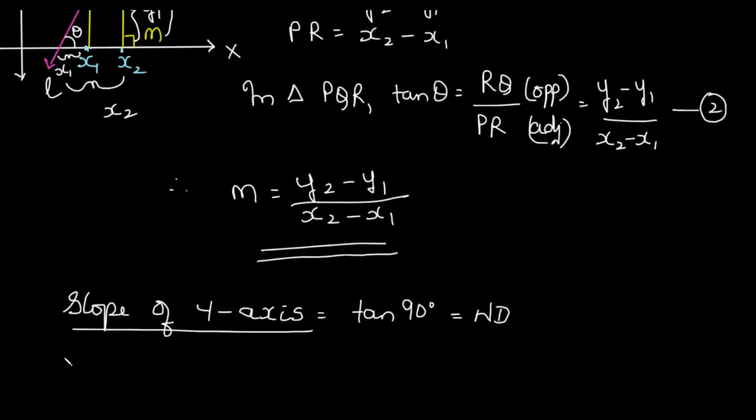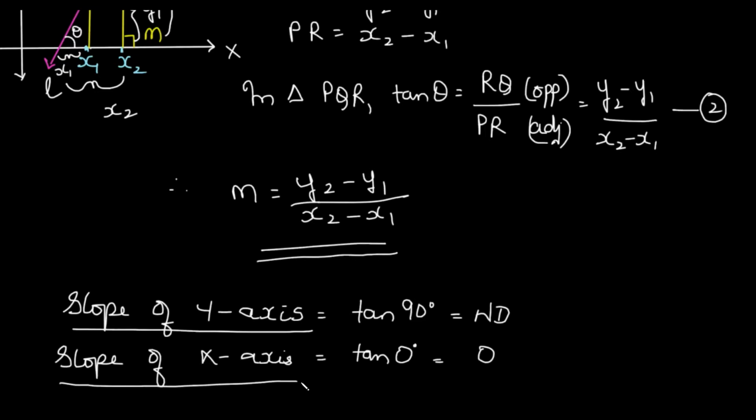In the same way, what is the slope of the x-axis? The x-axis has an inclination of 0, so its slope is tan 0, and tan 0 is 0.